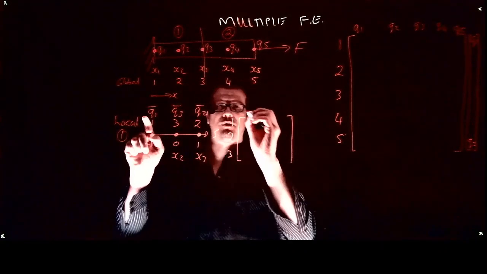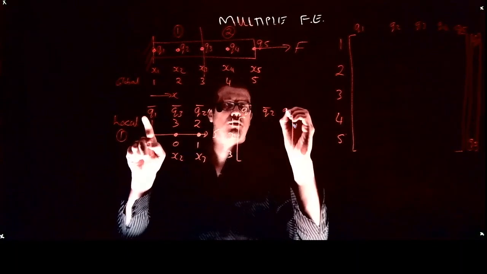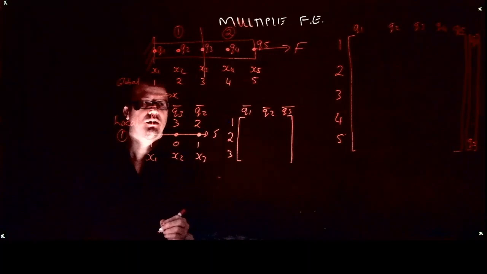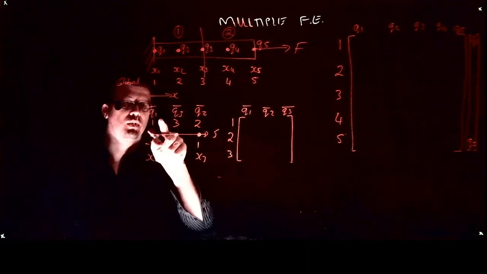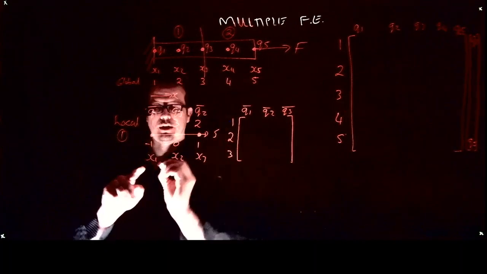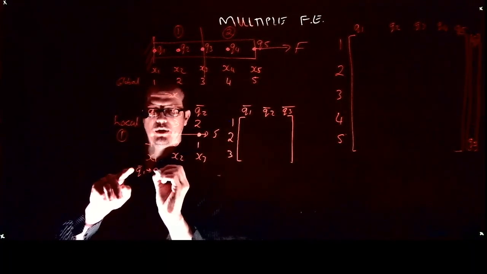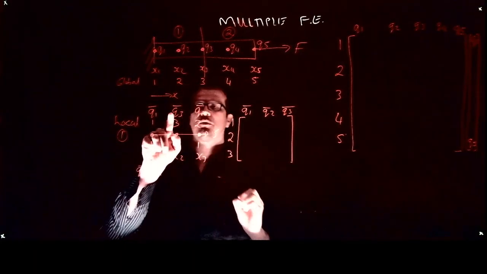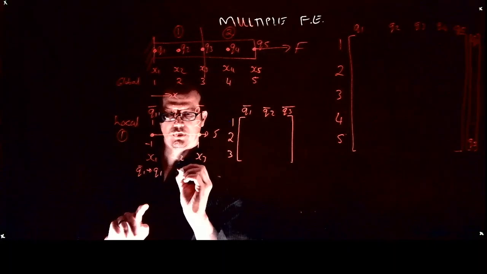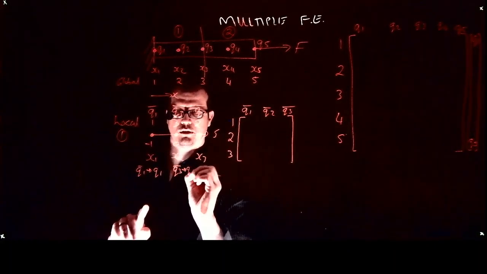This is associated with variables Q1 bar, Q2 bar, and Q3 bar. But what we know is that Q1 bar is actually associated with Q1. Q3 bar is associated with Q2.